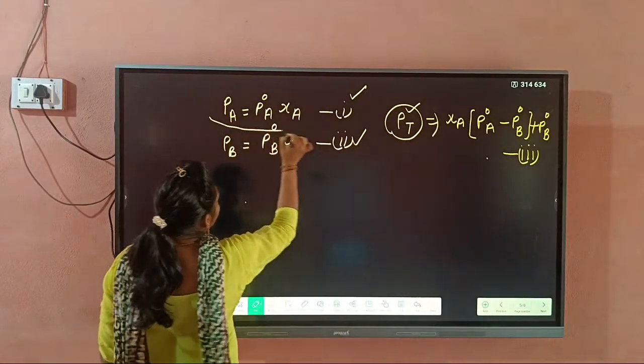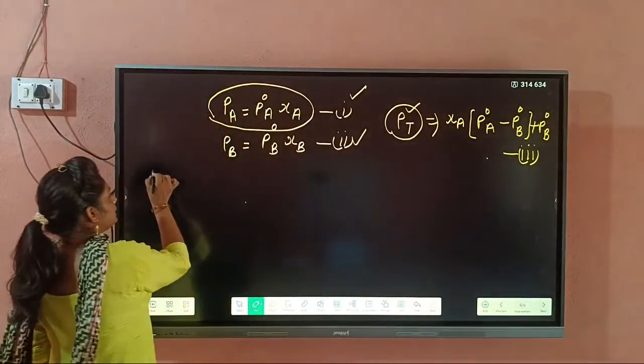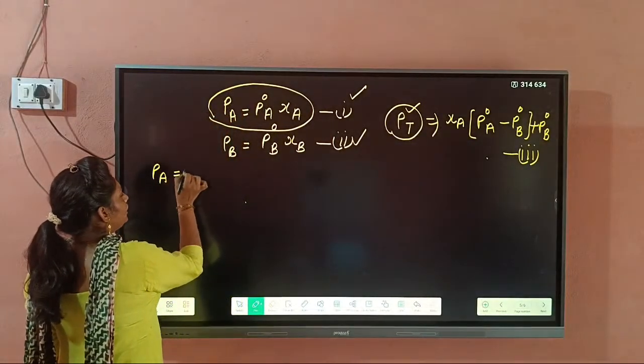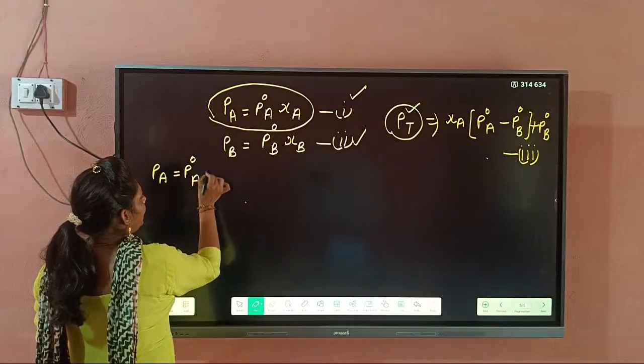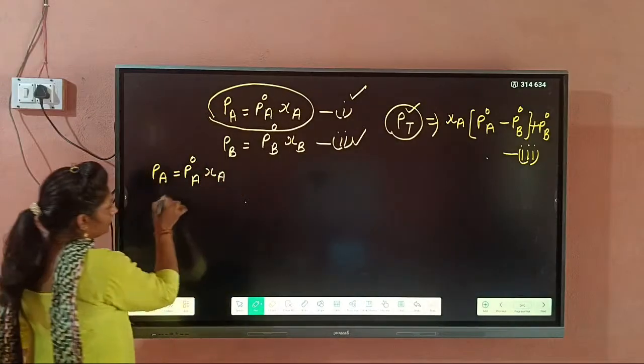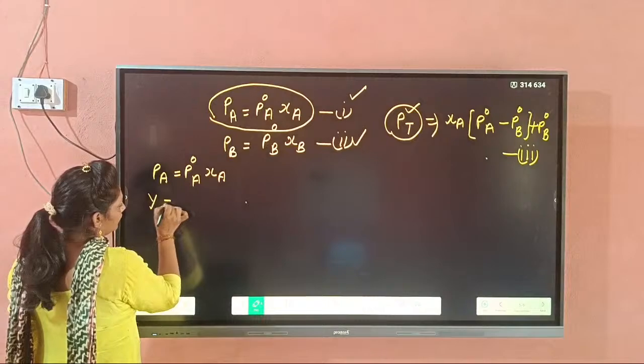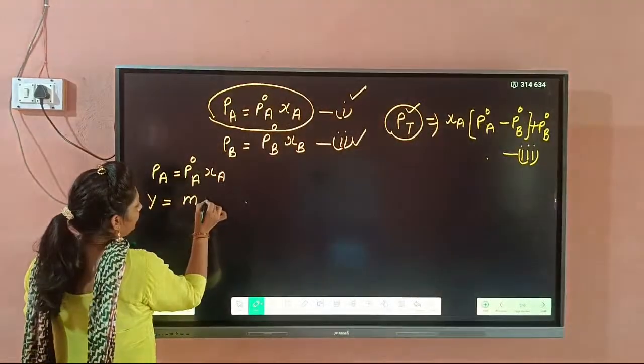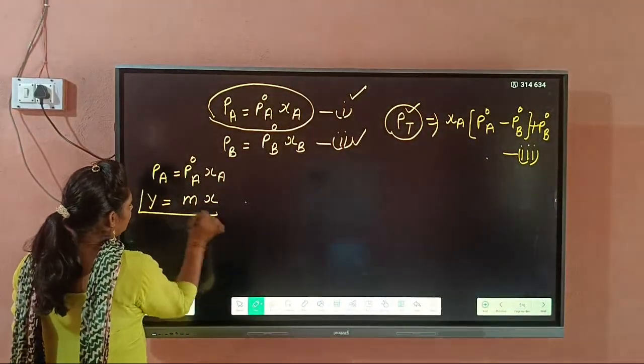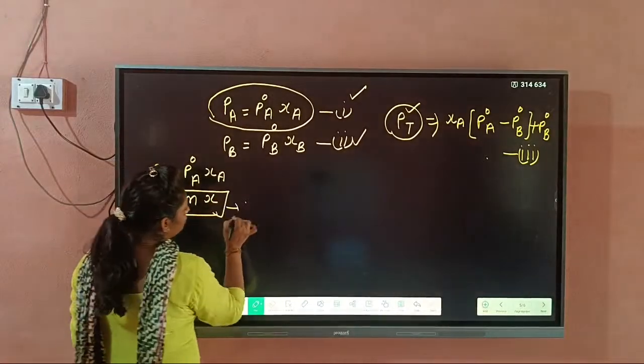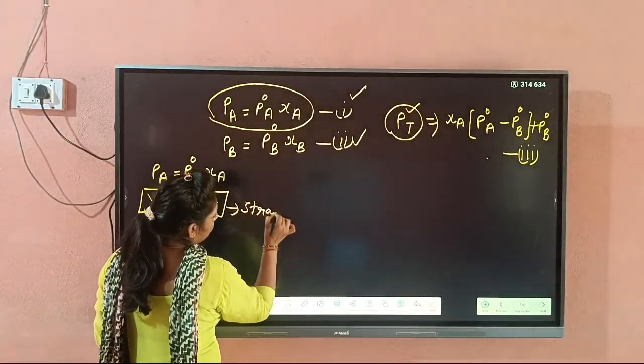Students, according to equation first, this is PA is equal to P naught A XA. This can be written in this way, y is equal to mx. This is the equation of a straight line.